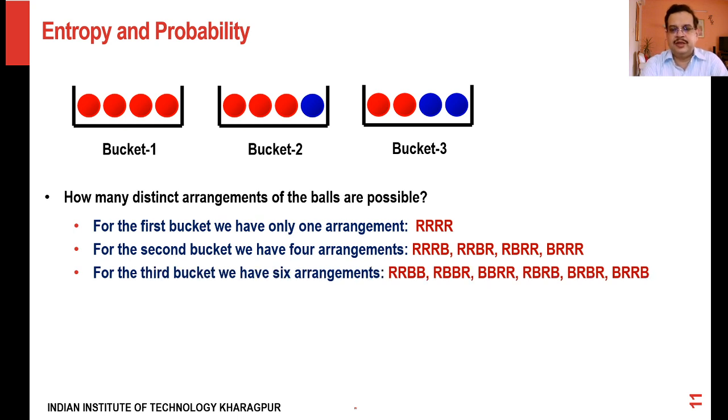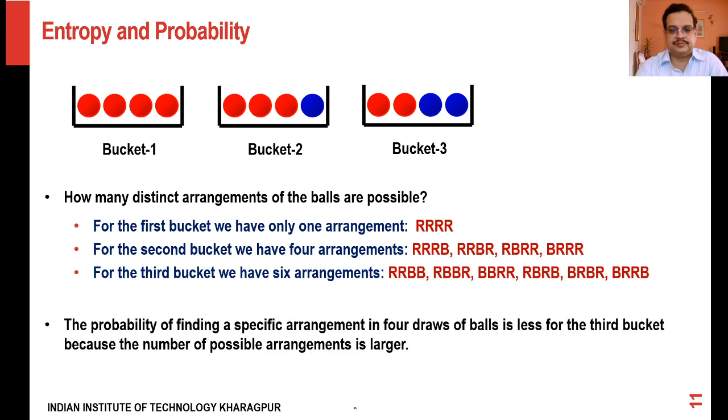For bucket 3, there are actually 6 different arrangements, as you can see here. The probability of finding a specific arrangement in 4 draws of balls is less for the third bucket, because the number of possible arrangements is larger.